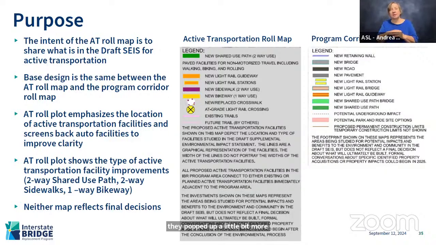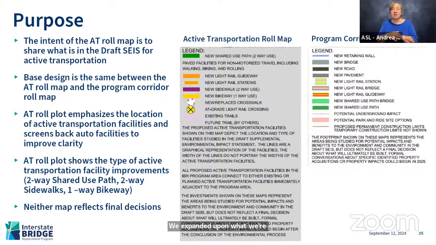What you're seeing on this plot, on the right side, is a screenshot of the active transportation legend versus the roll plot of the program corridor that came out back in 2023. So we've expanded upon what we're showing for active transportation.